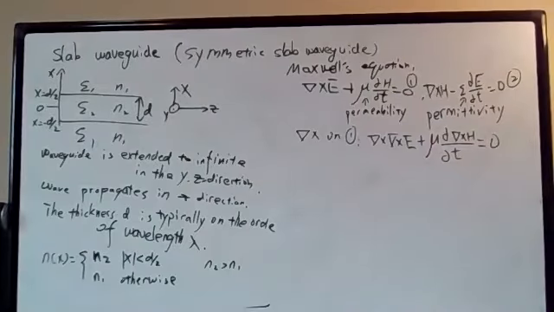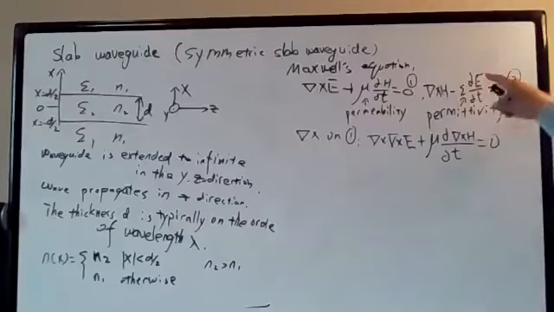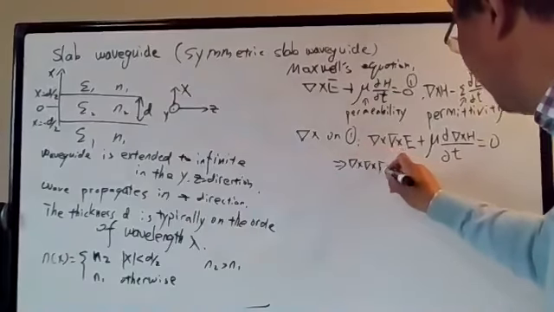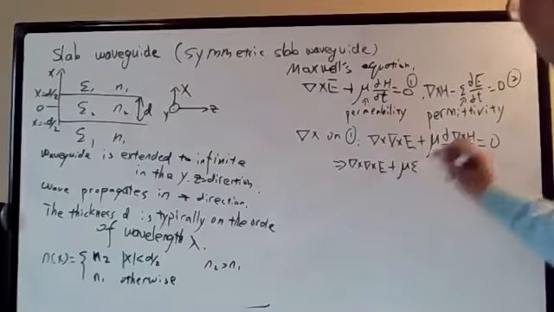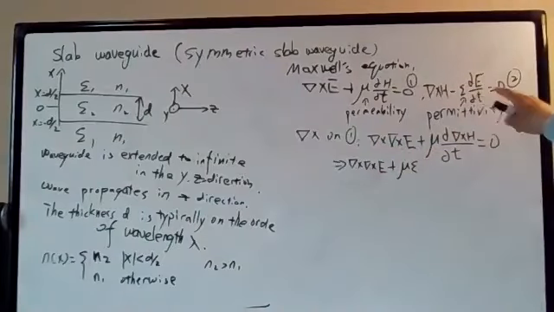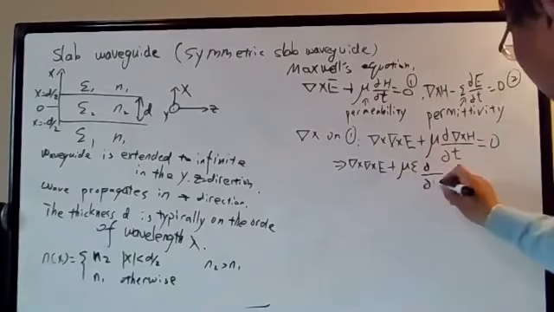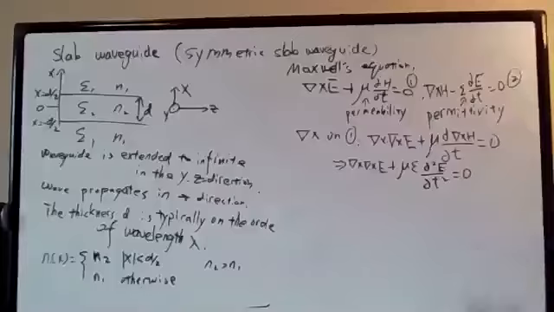Okay, so then once we have this operation, we'll find curl of H. We can use the second equation, replace curl of H by epsilon partial E partial t. So what we have is curl of E plus mu epsilon, because this curl of H is replaced by epsilon partial E partial t, so mu epsilon second derivative of E equals 0, right?